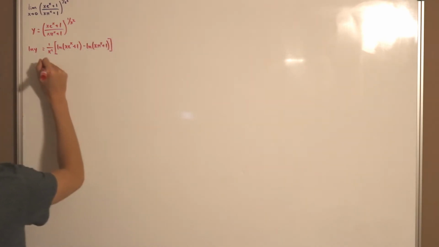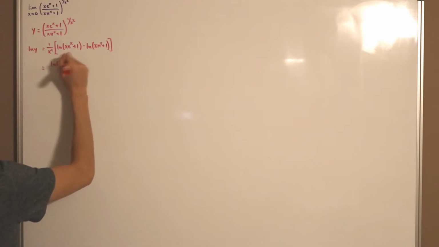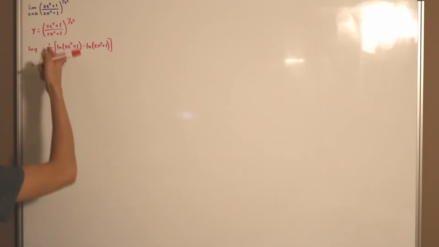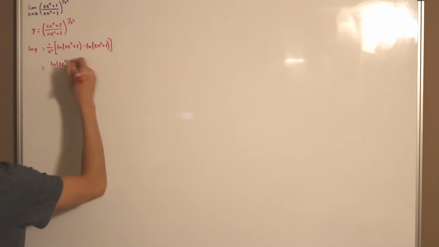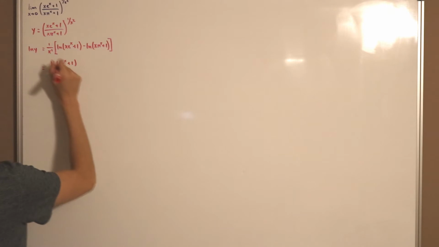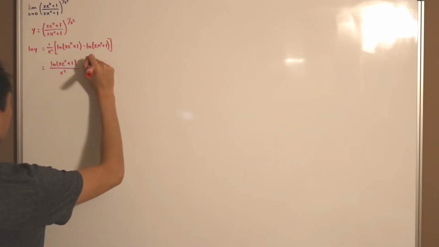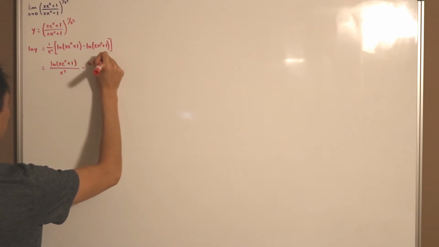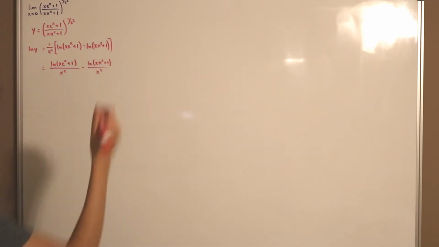And then if we want to, I can just rewrite this as the natural log of this, simply multiplying by the 1 over x squared, distributing to these terms here: the natural log of x e to the x plus 1 divided by x squared, and then minus the natural log of x pi to the x plus 1 divided by x squared. Okay.